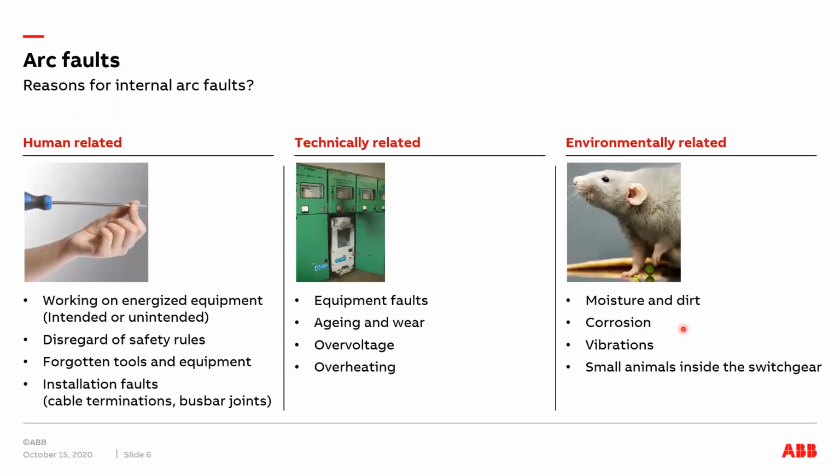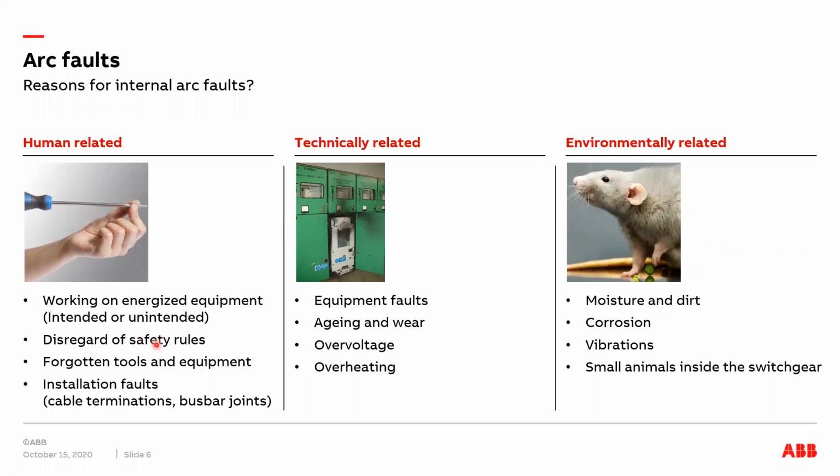If we go over to reasons for internal arc faults, they can basically be divided into three different parts. We have the human related, the technically related, and the environmentally related reasons. Human related reasons include working on energized equipment, either unintended or, in the worst case, intendedly, which is also linked to disregard of safety rules.